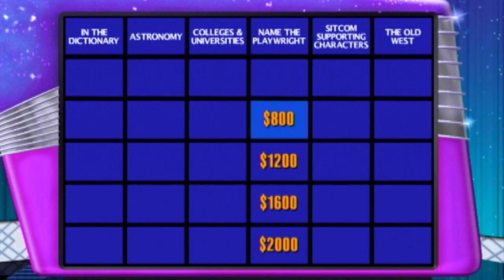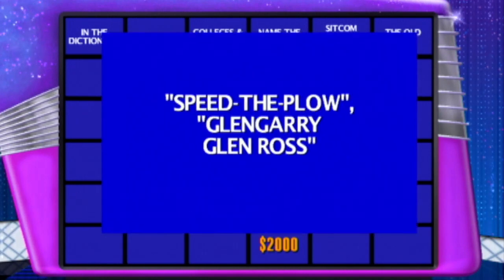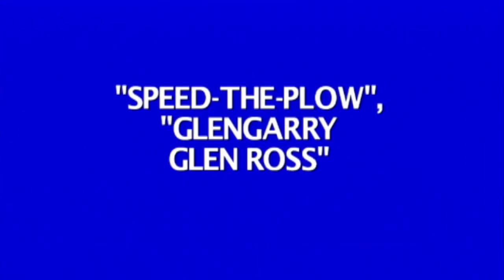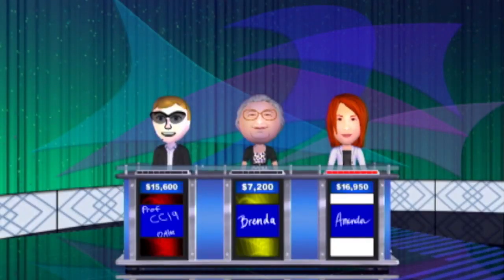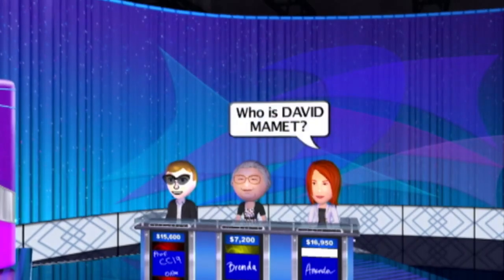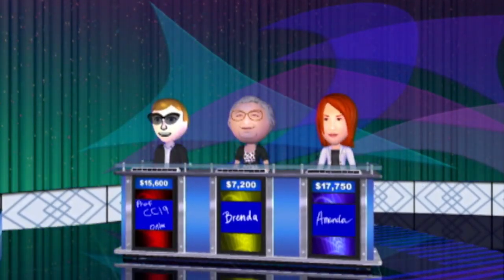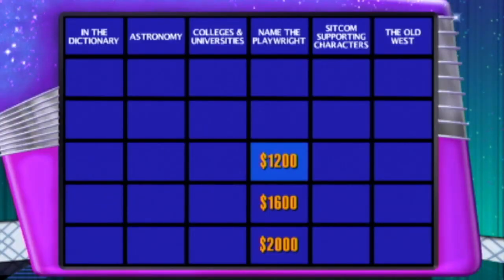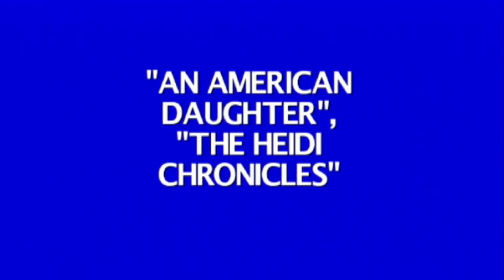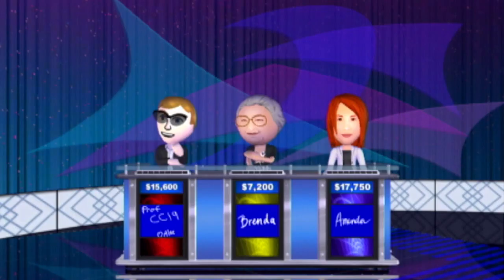Player two, you pick again, please. Speed the Plow, Glengarry Glen Ross. It's player three. Right. You again, player three. An American Daughter, The Heidi Chronicles.